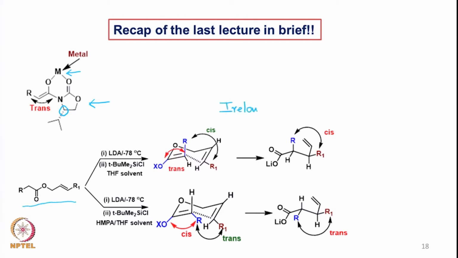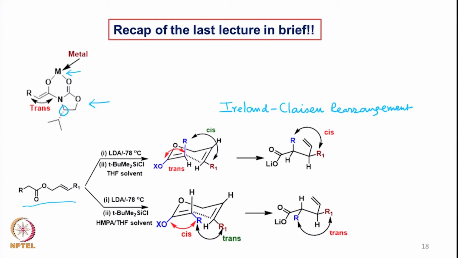I have taken up this Ireland-Claisen rearrangement first instead of the Claisen rearrangement because in the Ireland-Claisen rearrangement there is a very strong influence of the geometry of formation of the enolate, and therefore I thought it was relevant that we discuss it right along with this boron enolate part.